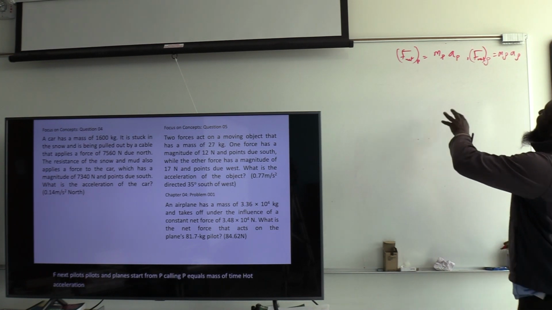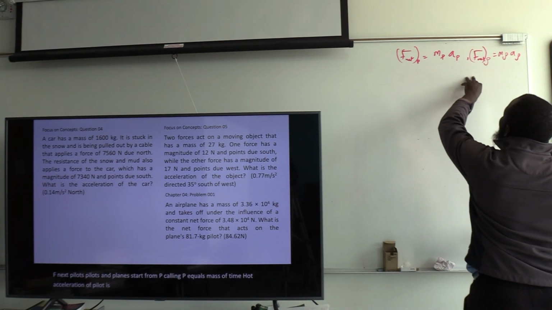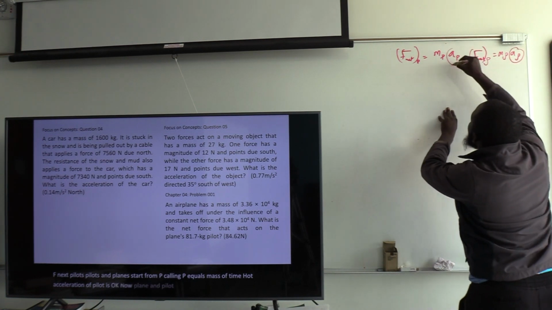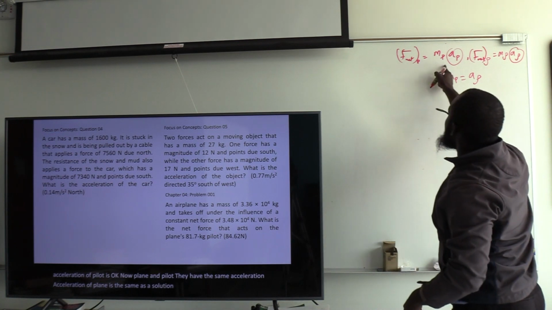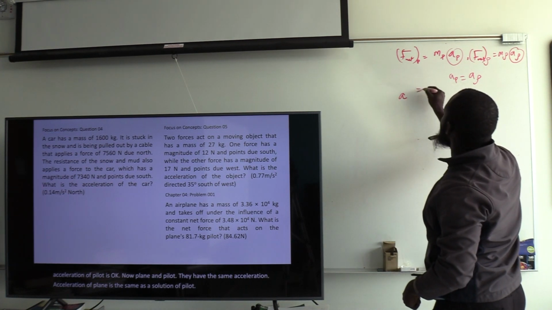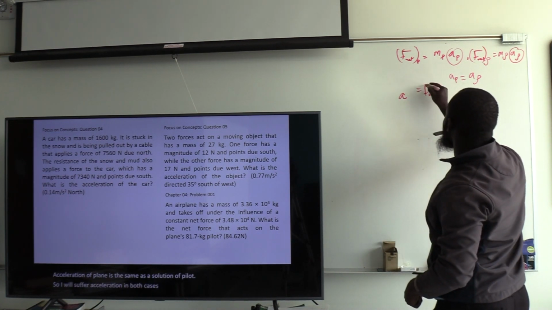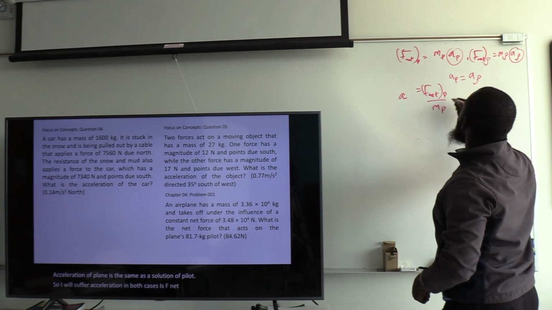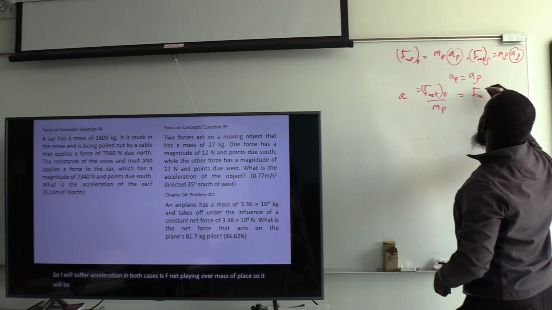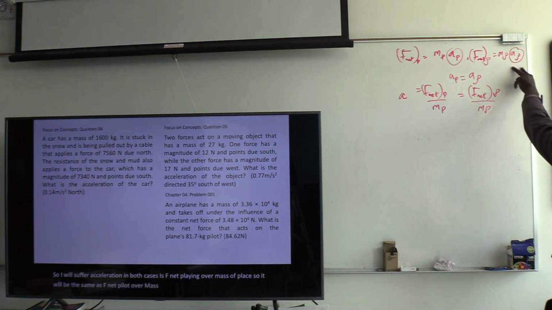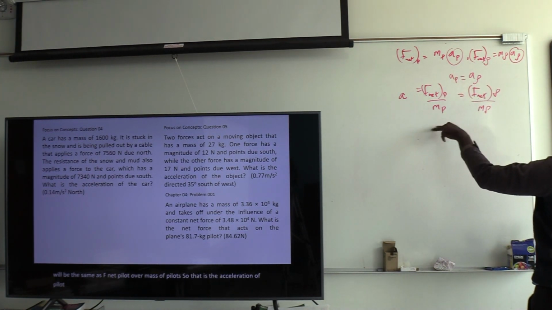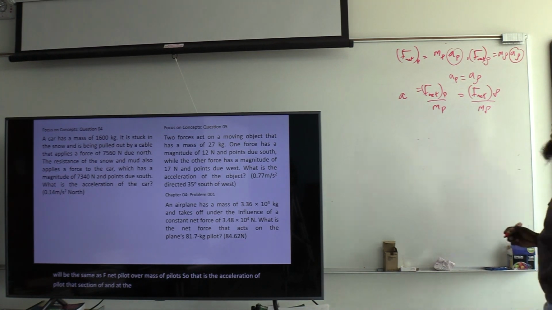Now, plane and pilot have the same acceleration. So I will solve for acceleration in both cases. It's F net plane over mass of plane, which is the same as F net pilot over mass of pilot. This helped me solve the problem.